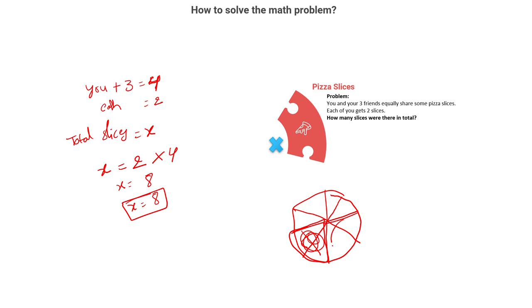Then your friend took this part. Then the second friend took this part. The third friend took this part. Now it is matching, right? In total you have 1, 2, 3, 4, 5, 6, 7, 8. So it is matching with the value you got.